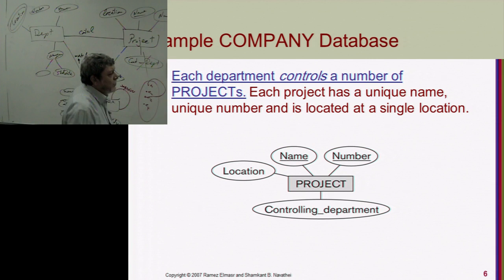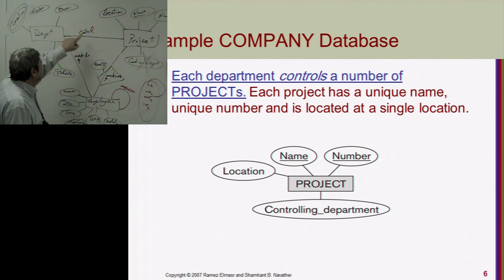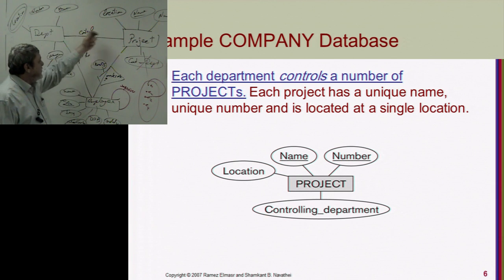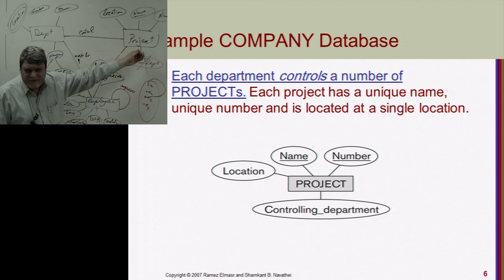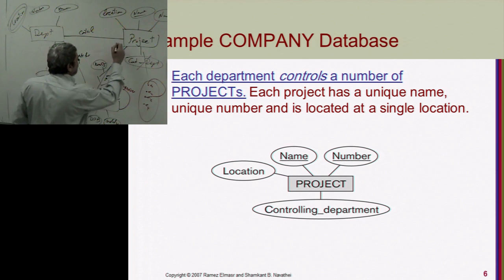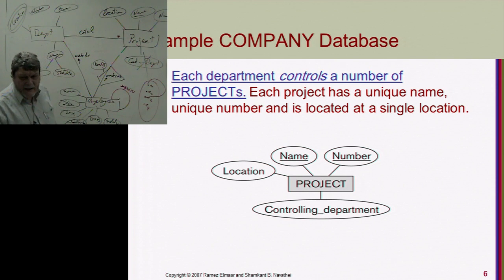So now let us reread the sentence. Each department controls a number of projects. Department controls projects. So each one of the department controls how many projects? Many. So we write it this way, many. Star. How about the minimum? Of course, star is the maximum. This is the cardinality.